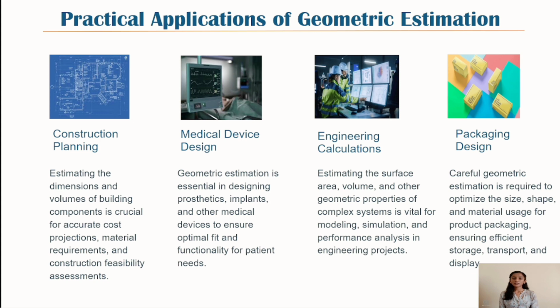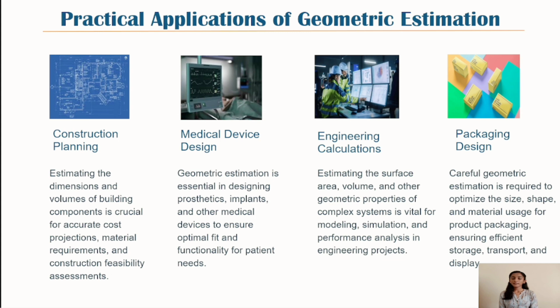Engineering calculations. Estimating the surface area, volume, and other geometric properties of complex systems is vital for modeling, simulation and performance analysis in engineering projects. Packaging design. Careful geometric estimation is required to optimize the size, shape, and material usage for product packaging, ensuring efficient storage, transport, and display.